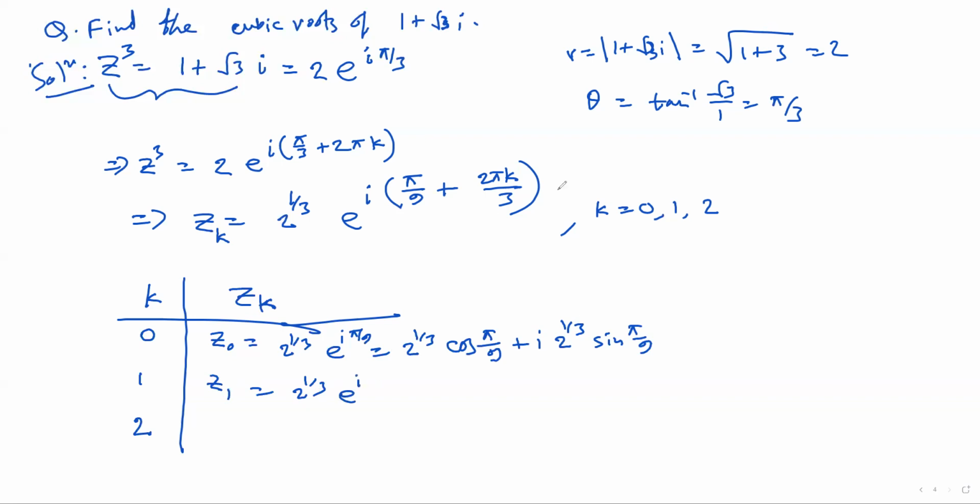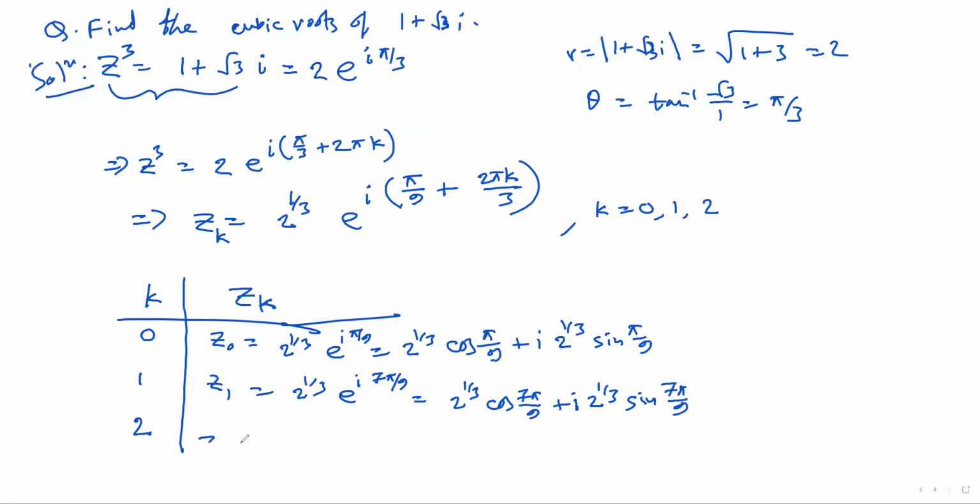Now k is 1, so 2 pi by 3 is here, which means 6 pi by 9, 6 pi plus pi, 7 pi by 9. I have to write 7 pi by 9 here, if I have not made any mistake. So this should be 2 to the power 1/3 cos 7 pi by 9 plus I times 2 to the power 1/3 sine 7 pi by 9.